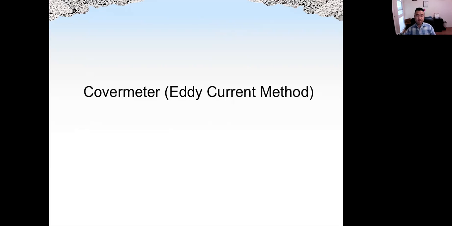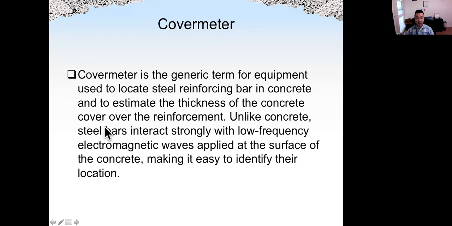Next, cover meter. This method has another name. It's called eddy current method. So let's look at the introduction for a cover meter. Cover meter can be used to detect metals.